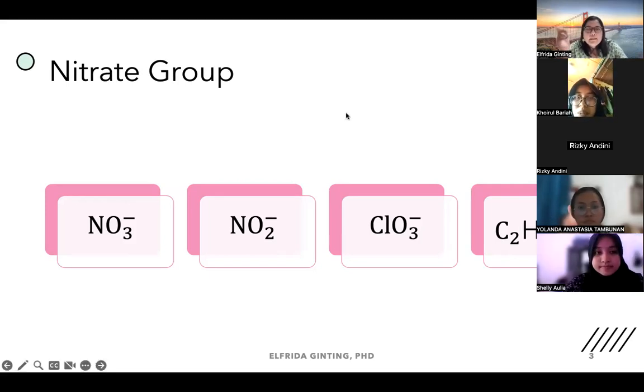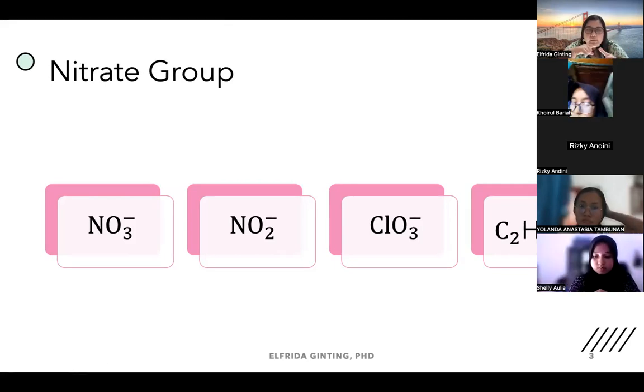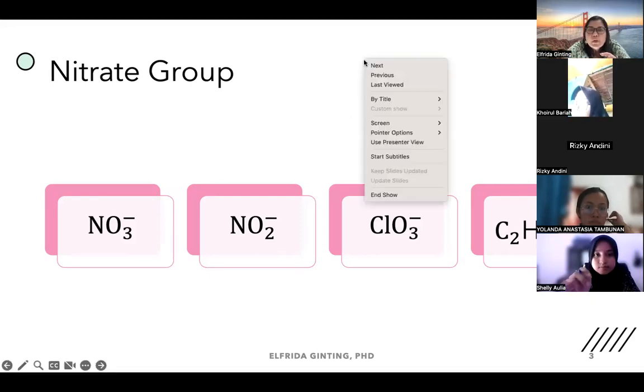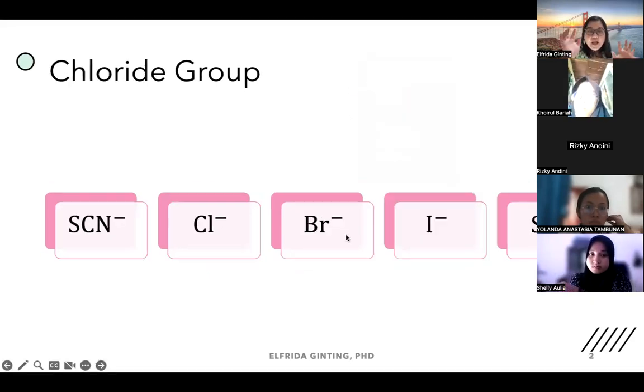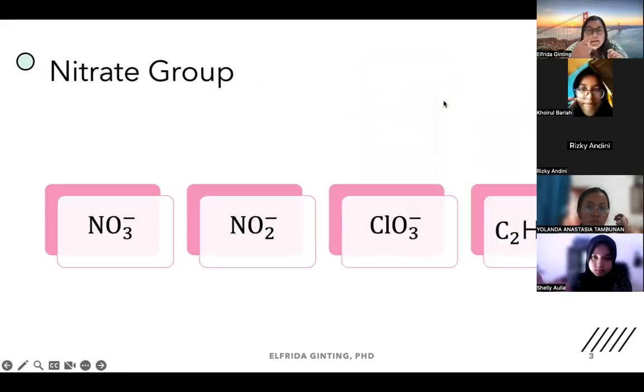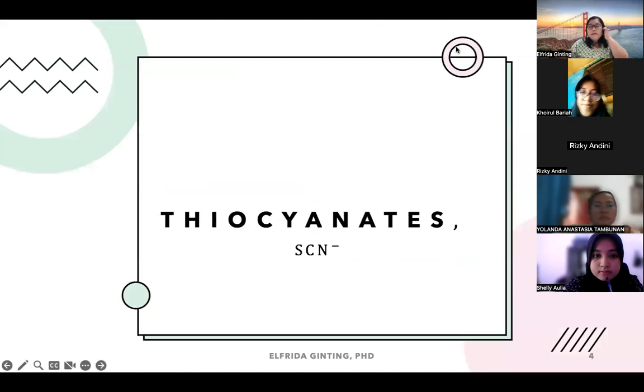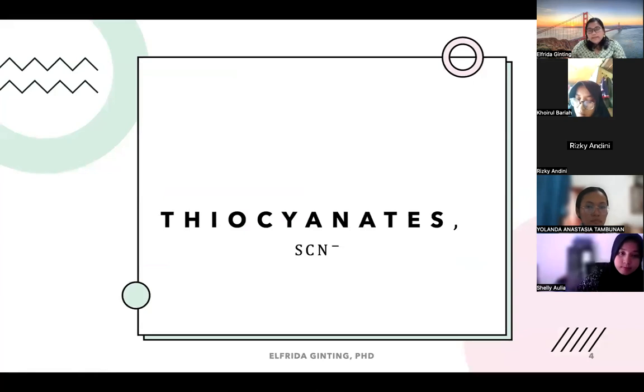So in this topic, there are two groups, chloride groups and nitrate groups. Chloride group consists of five anion, whereas nitrate group consists of four anion. Okay, now so let's start with thiocyanates.